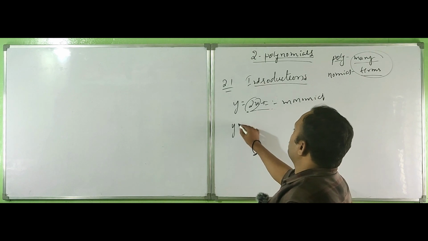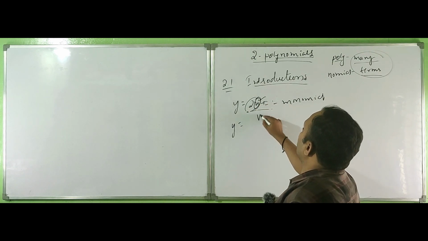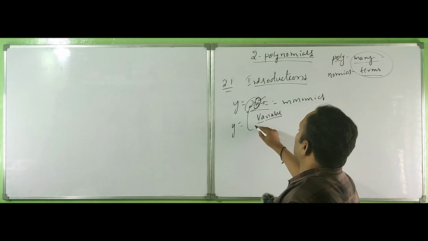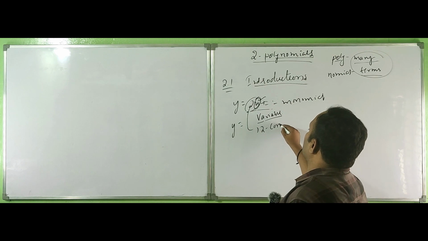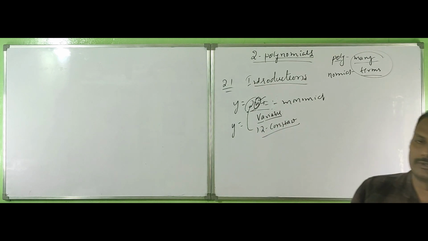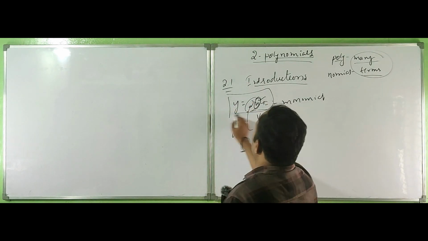See here, if y equals 2x, x is the variable and 2 is the constant. The equation is writing one variable in terms of another.